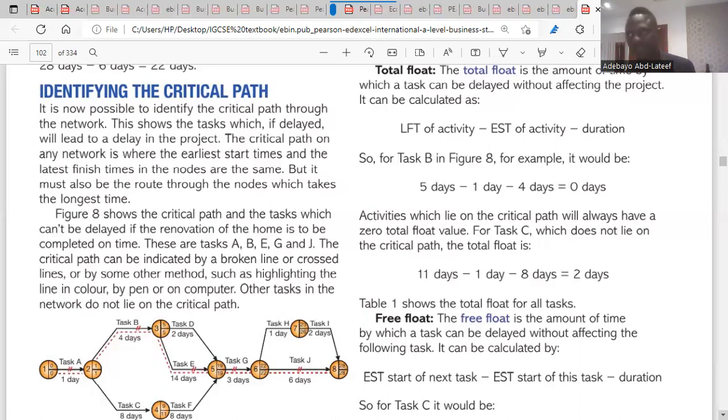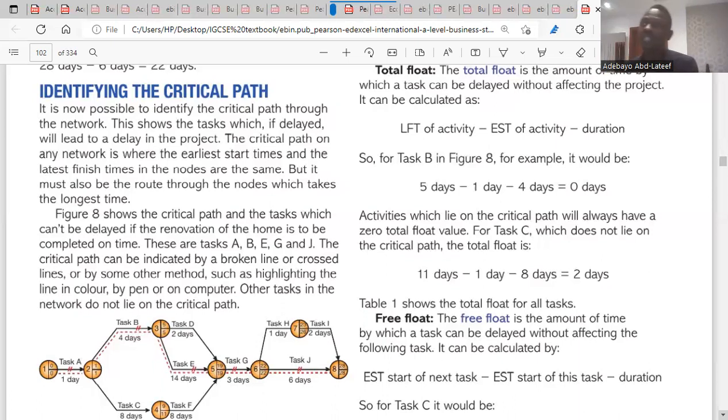Do you understand what critical path analysis is then? Okay. So after the critical path analysis, we have the float. What is the float? Here I wrote: the float is the amount of time which a task can be delayed without affecting the project. Yes, we talked about that when we were talking about the LFT.